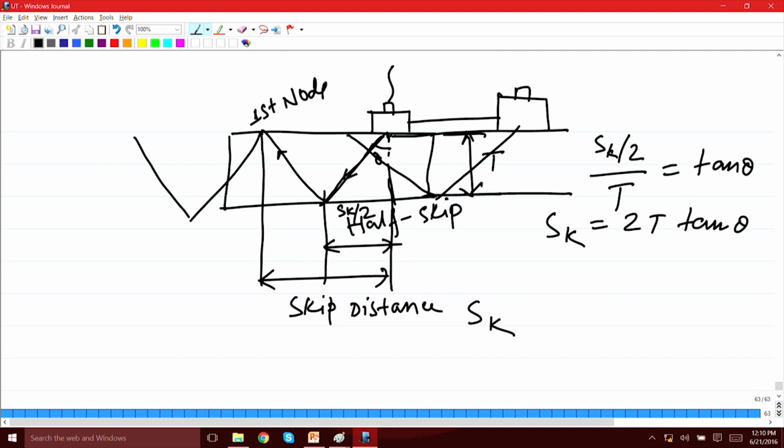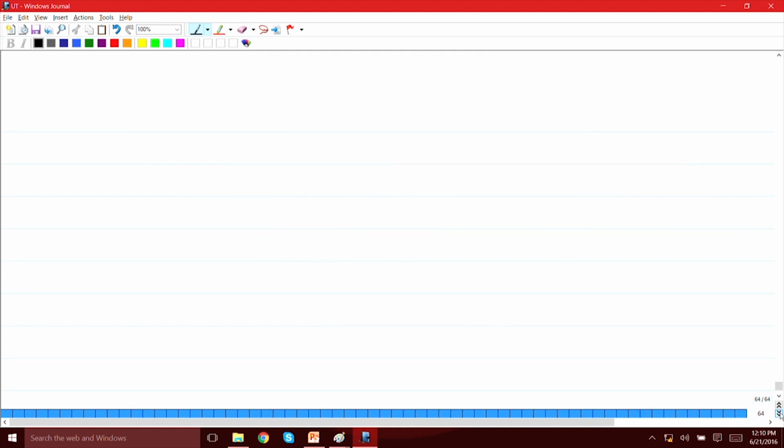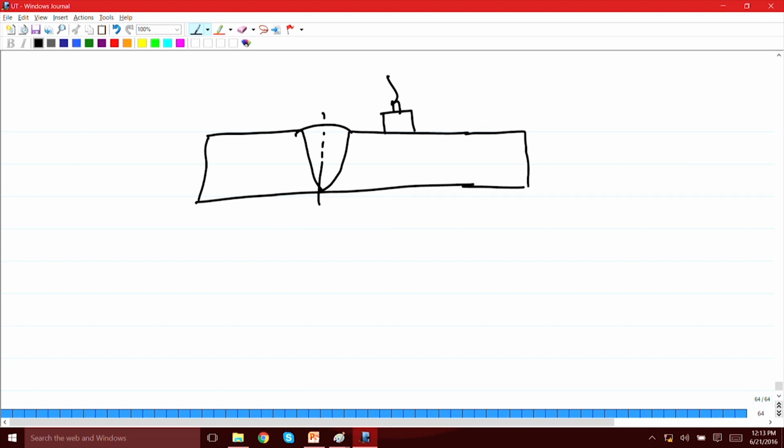So, if you see it in case of the weld, let us say the weld is like this. So, when you keep it at half skip, then this will go all the way down and this will hit the root.